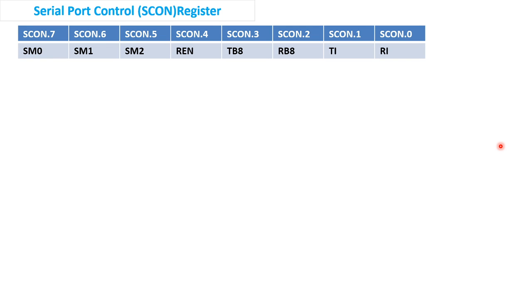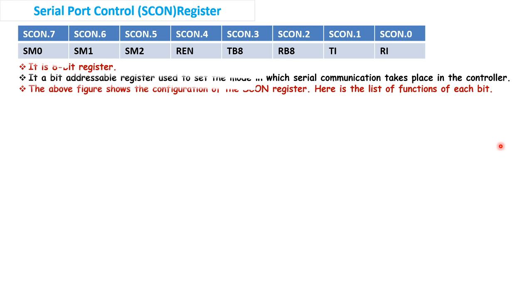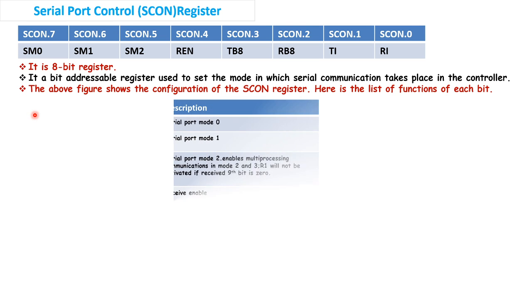The serial control register is an 8-bit register and its format is like this. It is a bit addressable register and is used to set the modes in which serial communication takes place in the controller. In the above figure, SCON.0 to SCON.7 are the bits used for serial communication.